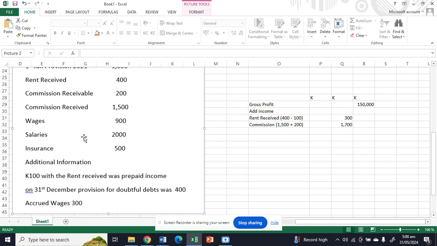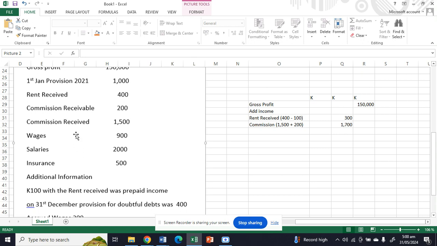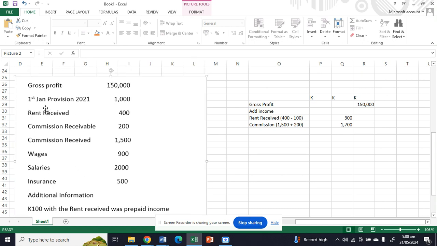Okay, let's see. Do we have any other form of income? Oh, yes. So we can see here on the 1st of January 2021, the provision for doubtful debts is 1,000. This is that we expected that from our credit sales and the people who are owing us money, we expect not to get 1,000. Right? We're estimating, right?